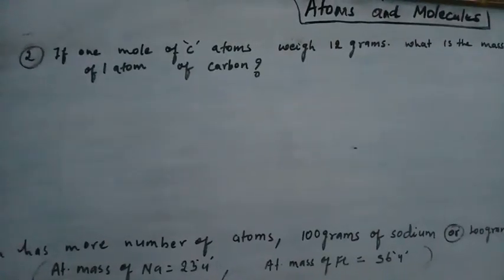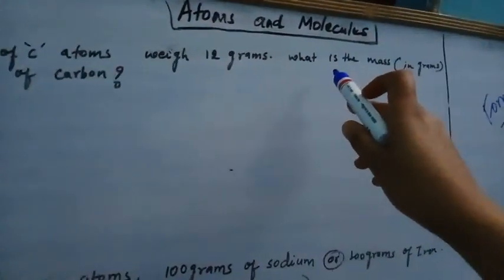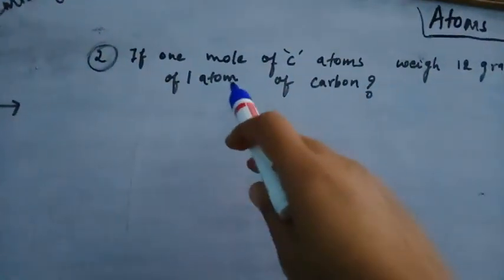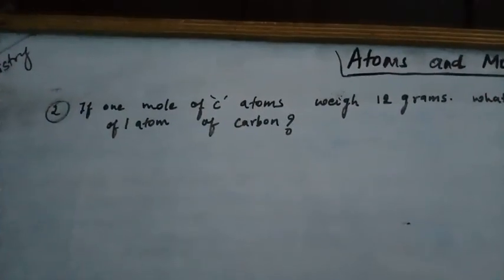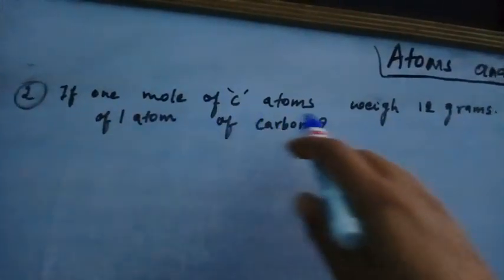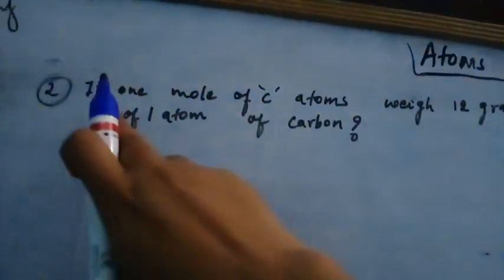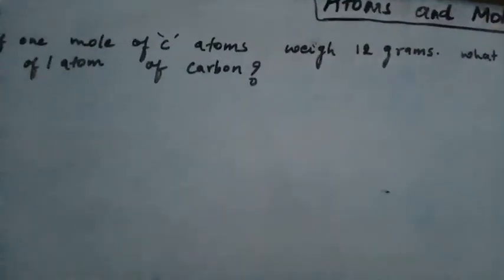The next question is: if 1 mole of carbon atoms weighs 12 grams, what is the mass in grams of one atom of carbon? So we can calculate the mass of one atom of carbon in grams, but taking this sentence into consideration, we have to first show that 1 mole of carbon atoms weighs 12 grams.